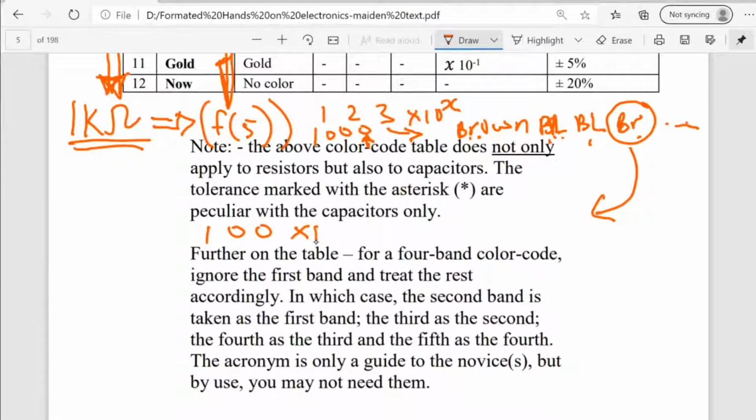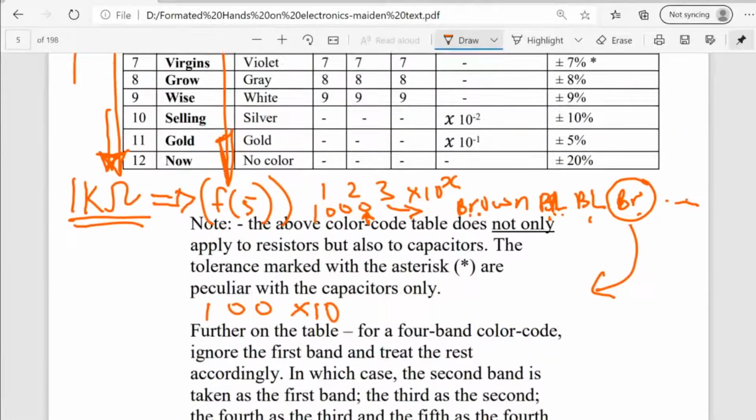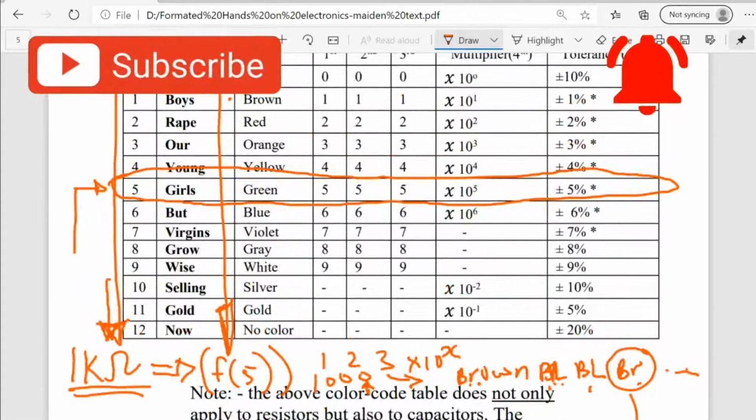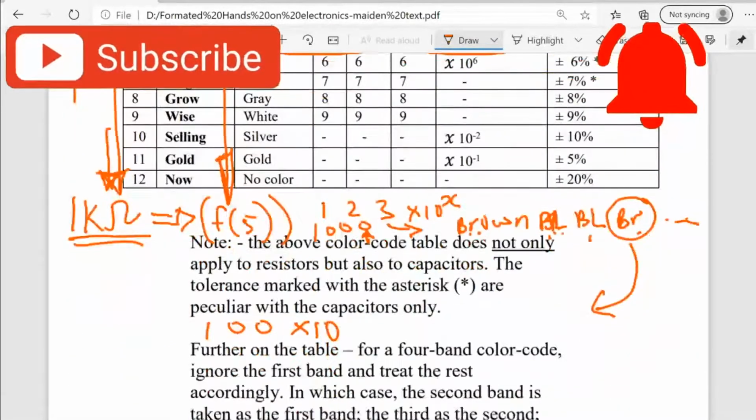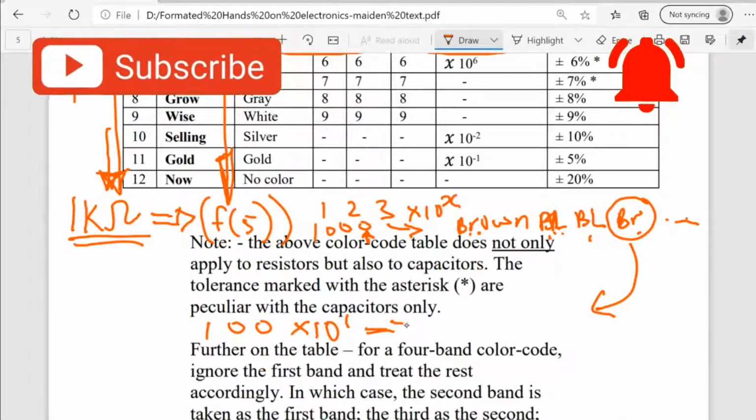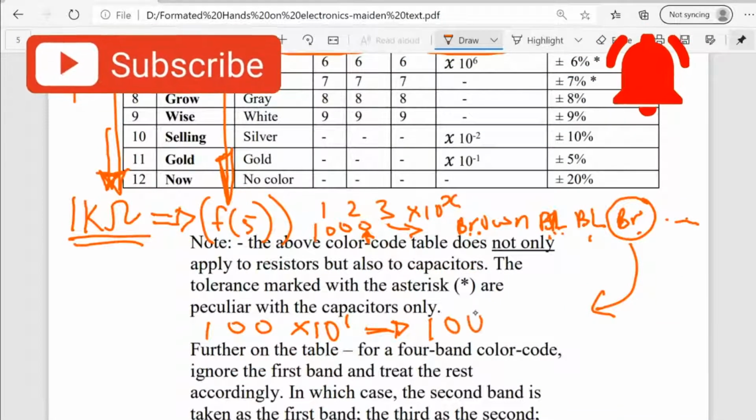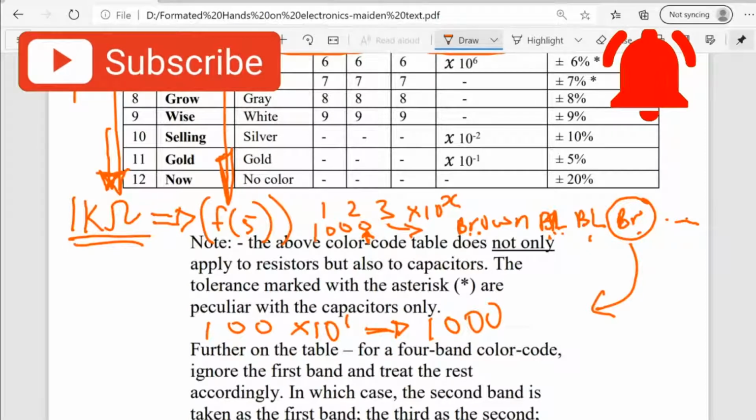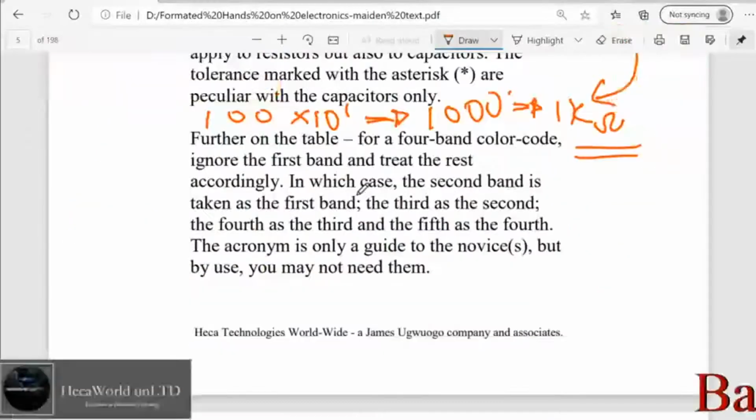So you're just going to write down 10 raised to power what? X, and X is brown. And what is brown? Let's look at the table. You guessed it, it's 1. So this will be 1,000, or 1 kilo.